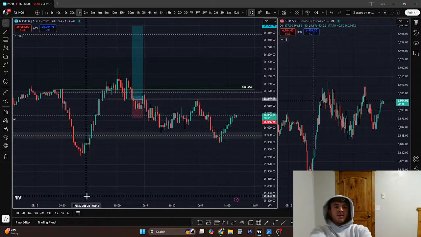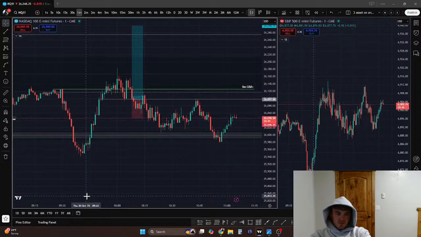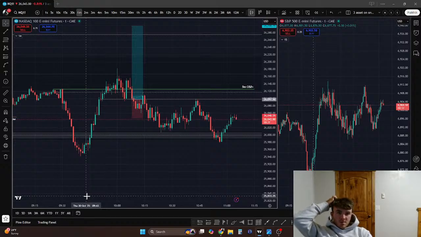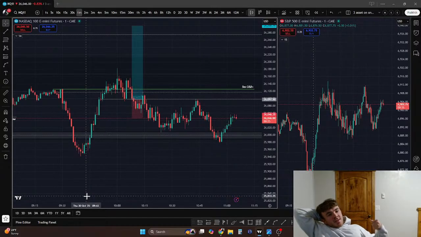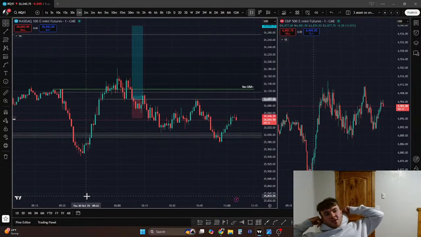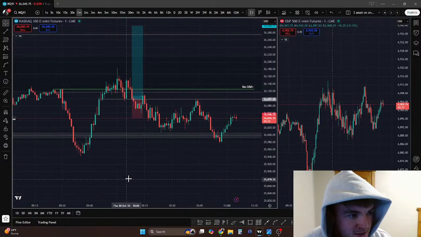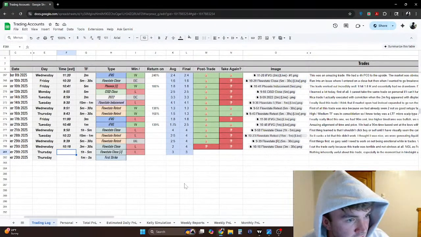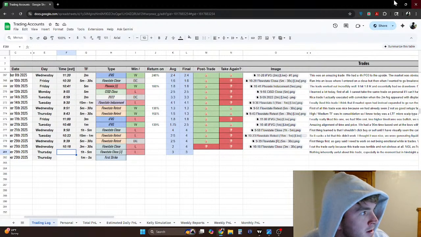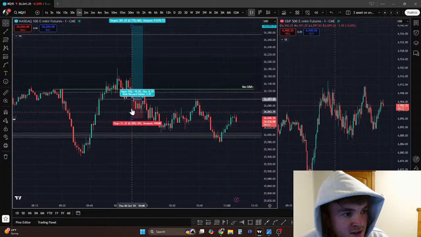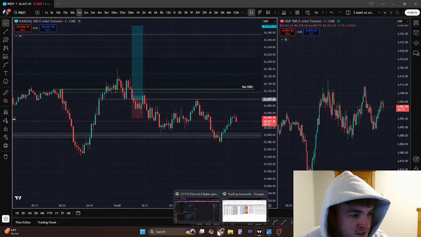How many points do you typically aim for? I don't aim for points. The points are irrelevant because it's all RR. I already did the calculation of the risk, and I risk the same dollar amount per trade. So it doesn't matter what the points are because I already did the calculation on the stop loss for how much to risk in dollars.